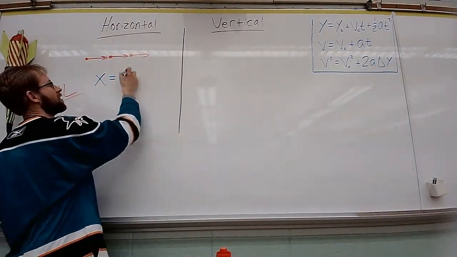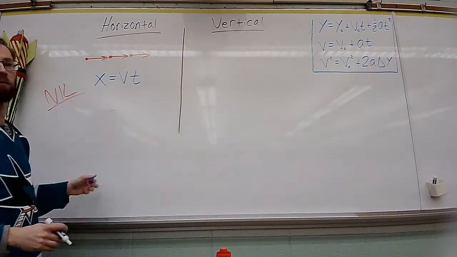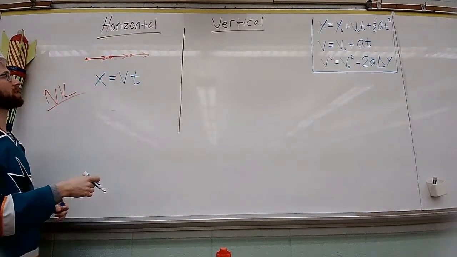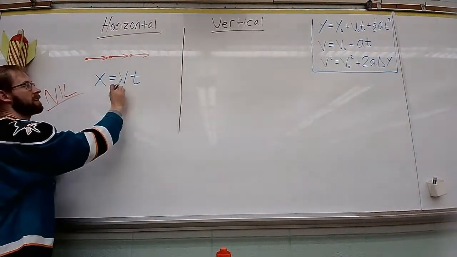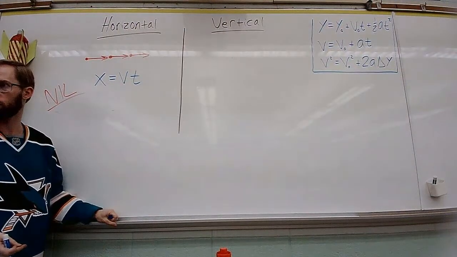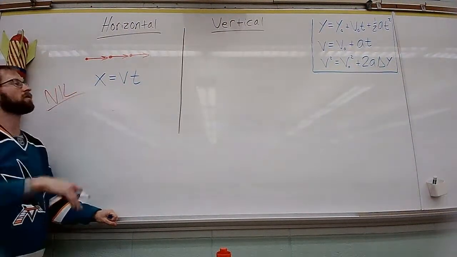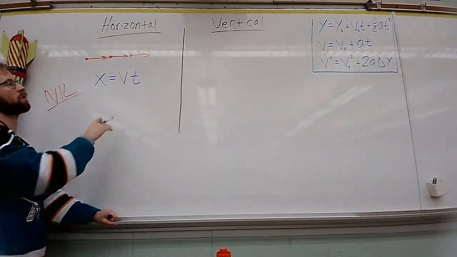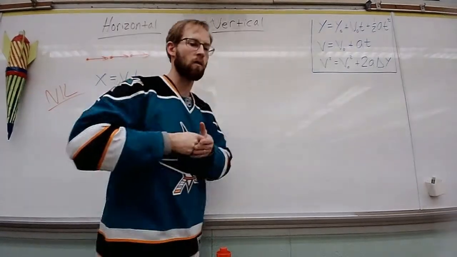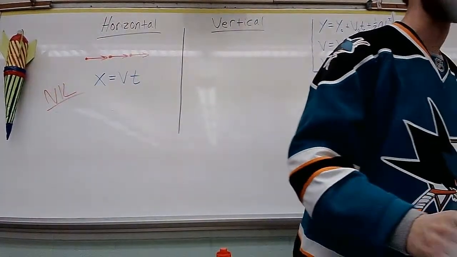Yeah, x equals vt. Because if we're looking for the position of an object when it's moving without an acceleration, this is the equation we're always going to go to. For horizontal motion with no speeding up or slowing down, this is what we're going to do. So that's the horizontal portion of this object's motion.